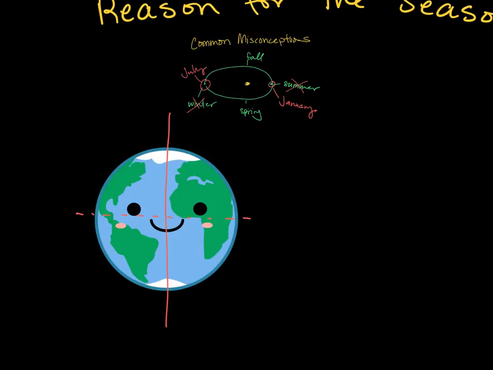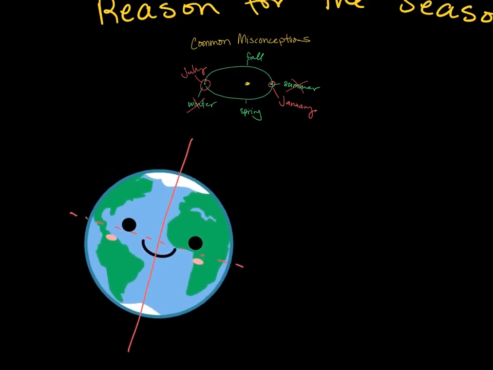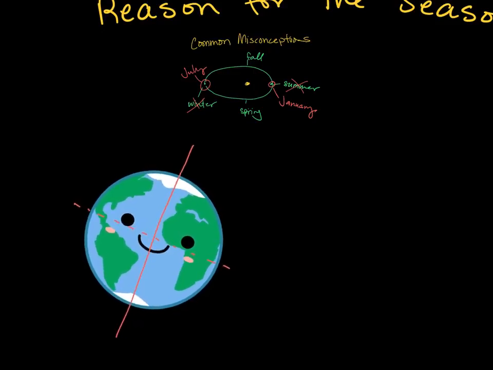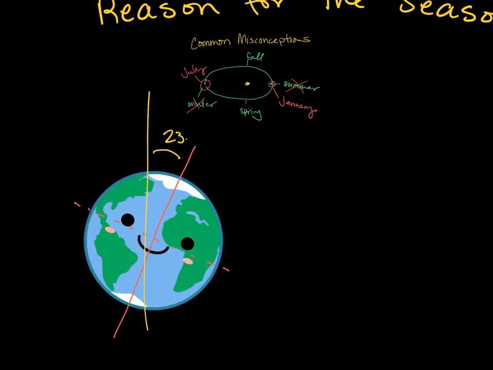So let me tilt this. Instead of being right up and right down, we're at an angle of about 23.5 degrees. So from the sun, facing the sun, we have this angle of 23.5 degrees.